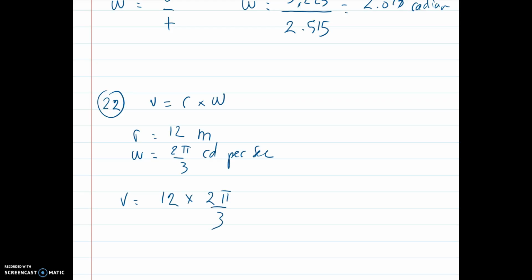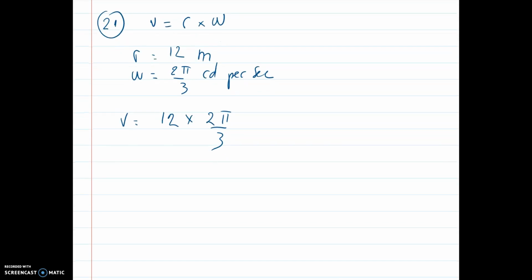Oh, I did 21, it's not 22. So this is number 21. At the end of the day, I have 24 pi divided by 3, which corresponds to 8 pi meters per second.